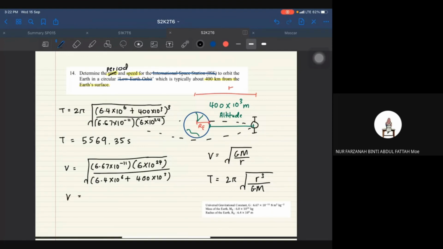So now you get 6.67 times 10 to the power of negative 11 times 6 times 10 to the power of 24 divided by 6.4 times 10 to the power of 6 plus 400 times 10 to the power of 3. Then take the square root.